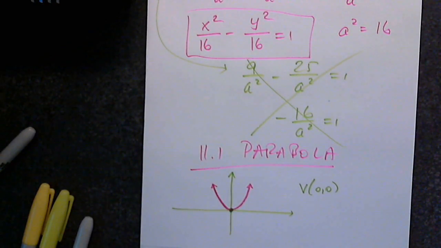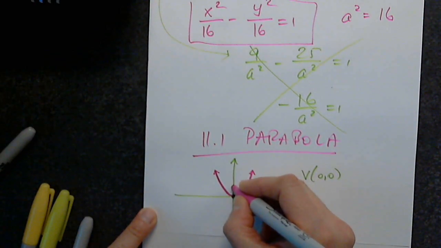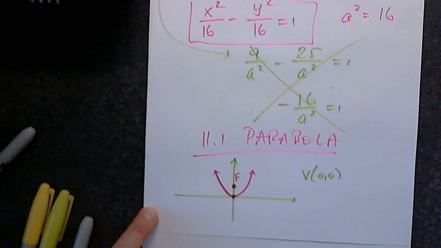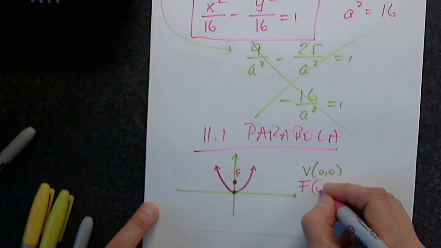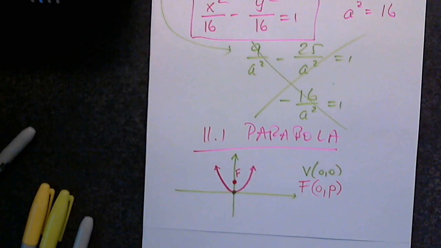The parabola will have one focus right here. The coordinates of the focus are, in this case, 0, comma p. Again, by convention, we use p for the focus of the parabola.